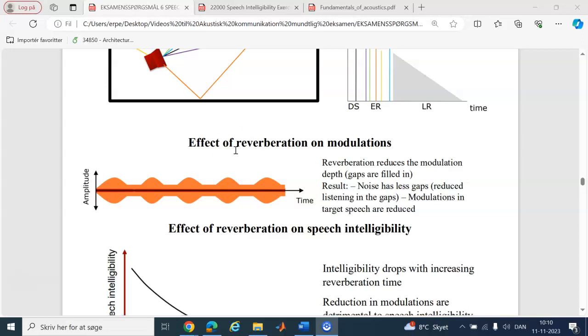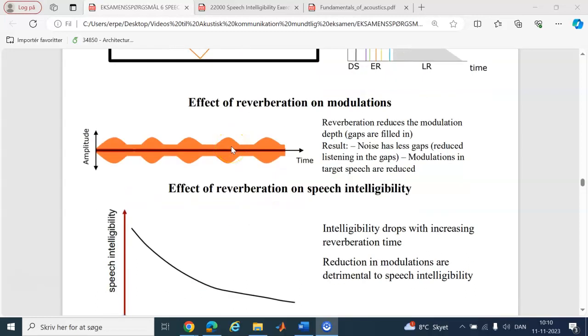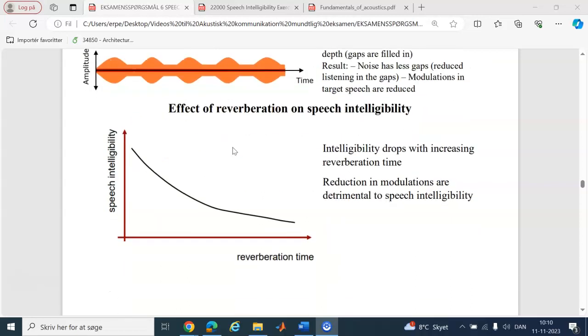So reverberation will decrease intelligibility. Effect of reverberation on speech intelligibility: if the reverberation time grows, speech intelligibility will decrease. Intelligibility drops with increasing reverberation time. Reduction in modulations is detrimental to speech intelligibility.